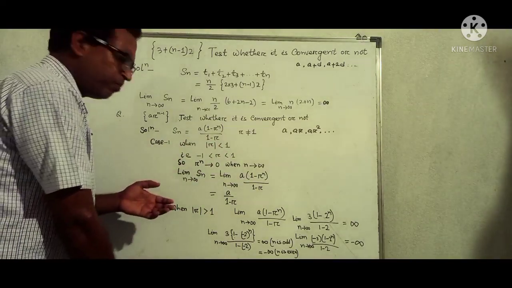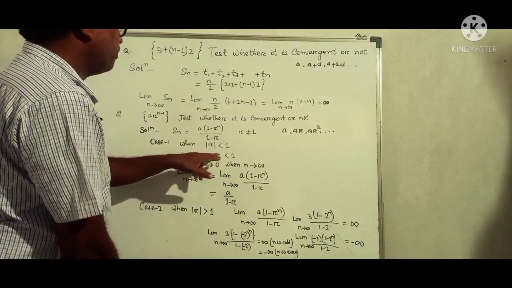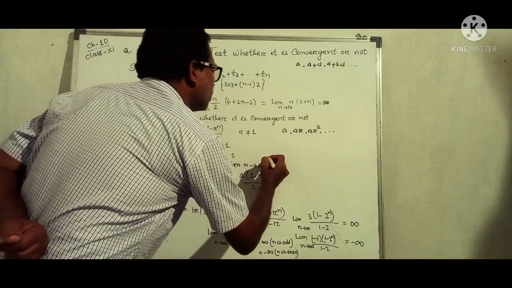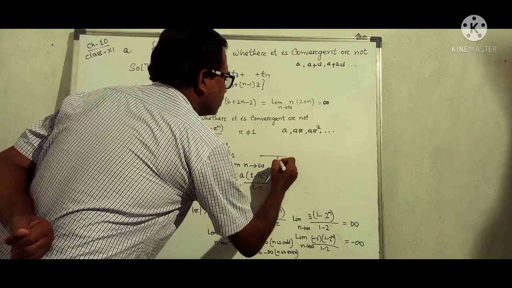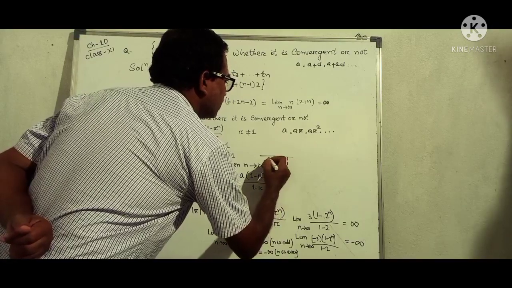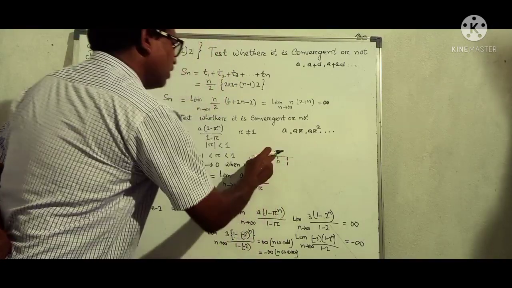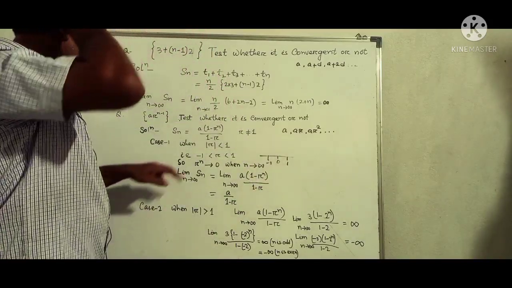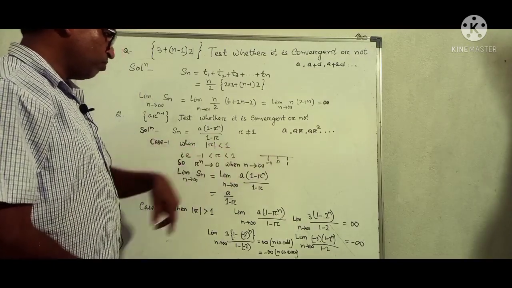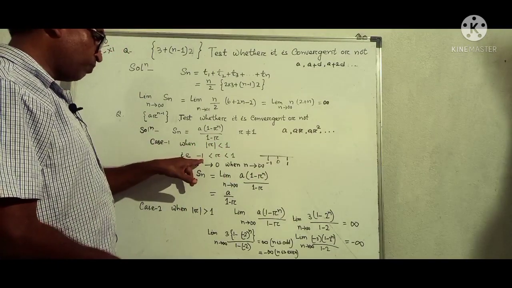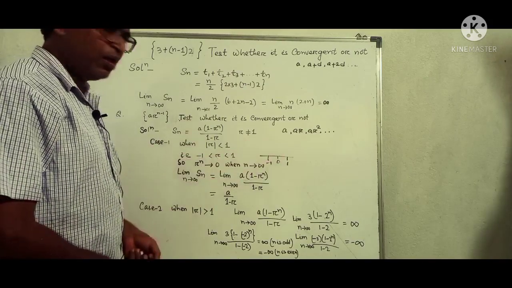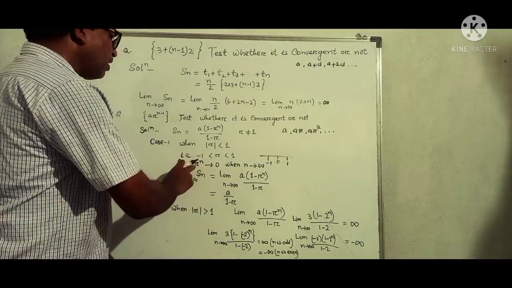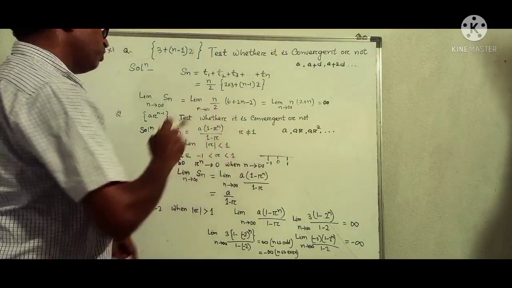Very simple, very easy to understand. On the number line, 0, this is 1, this is minus 1. When the value of r lies between minus 1 and 1, multiplying that value n times, up to infinite times, will be surely very close to 0. So r to the power n tends to 0 when n tends to infinity.